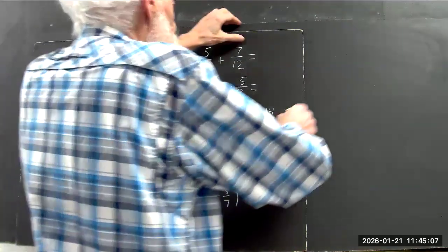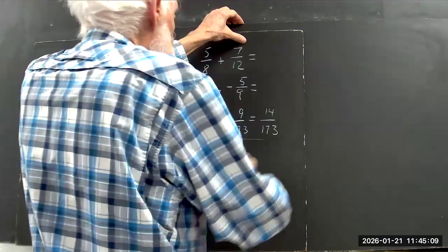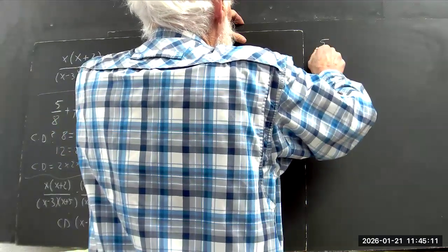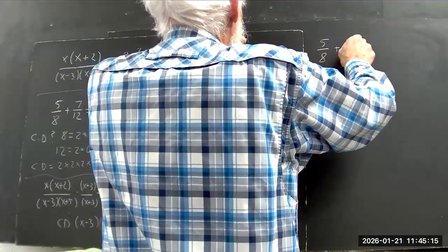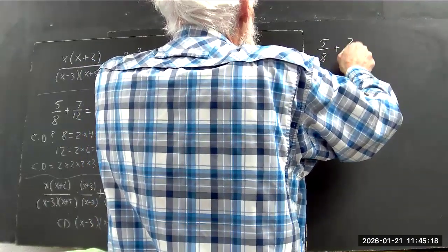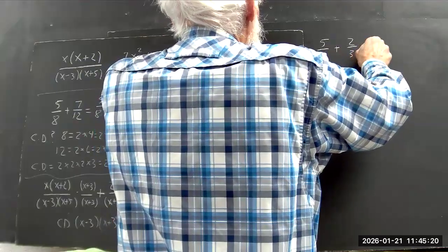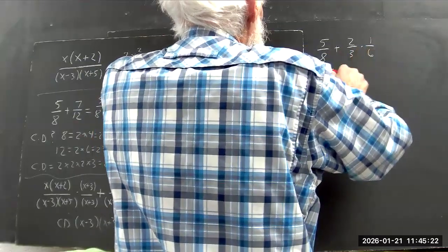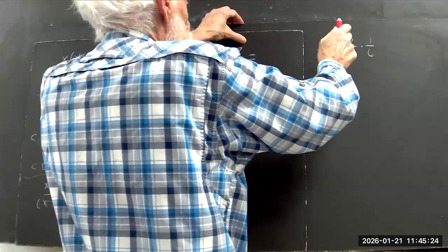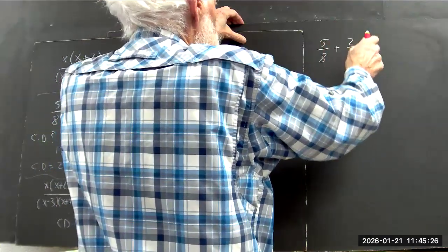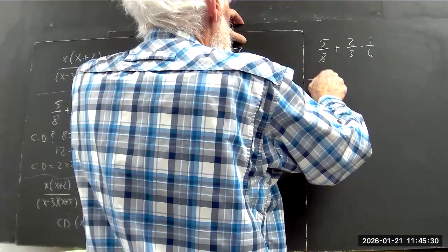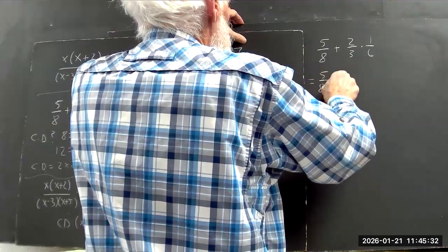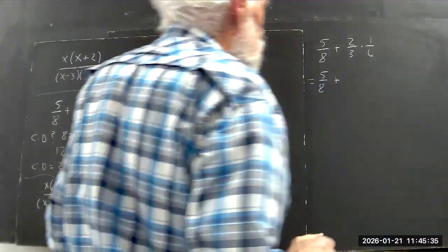Okay, so we've got a problem that has 5/8 plus 2/3 multiplied by 1/6. 5/8 plus 2/3 times 1/6. What's that equal? Well, it's 5/8.